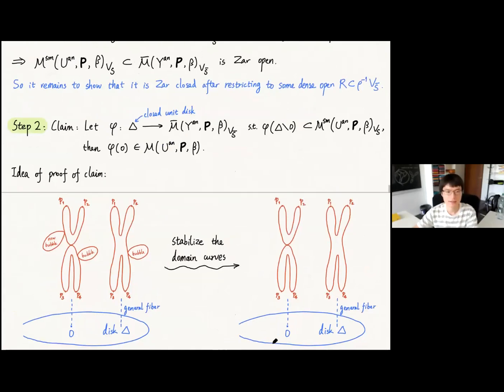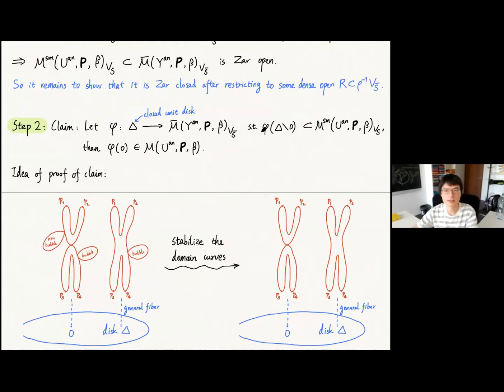Sorry, I got lost. But you said this is closed, so when you put an upper index smooth and lower index Vs to this phi, phi of the punctured disk. Yeah, so this is a condition on this family.